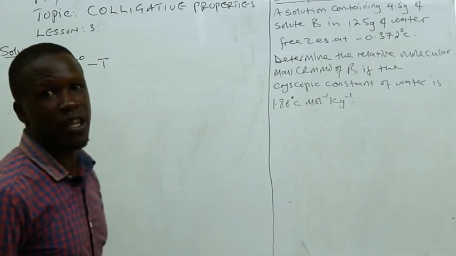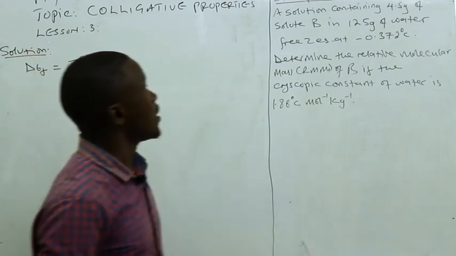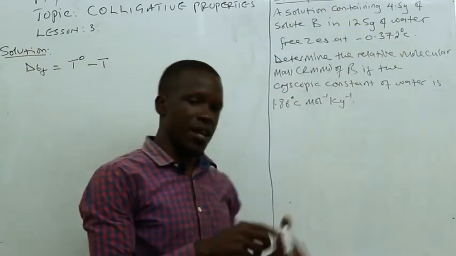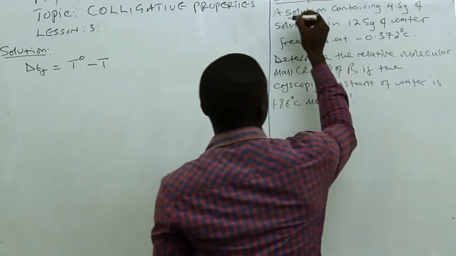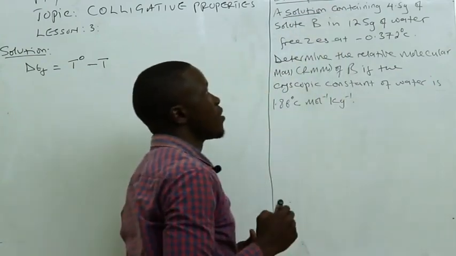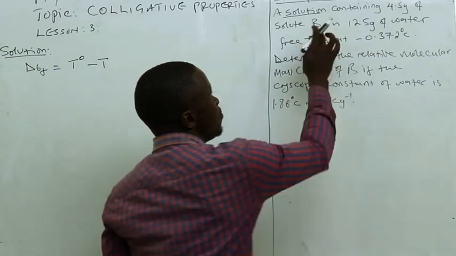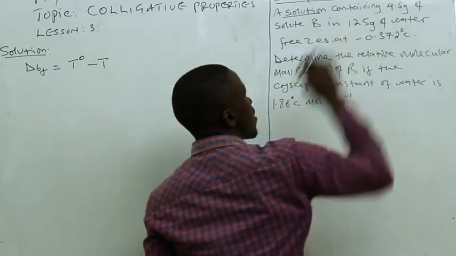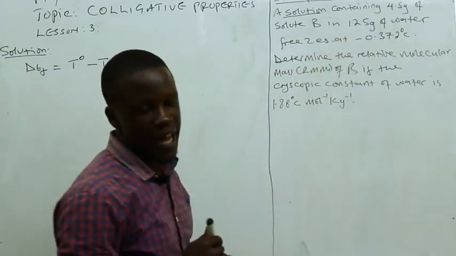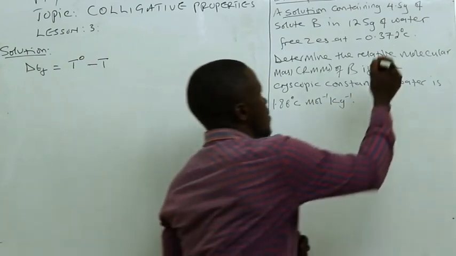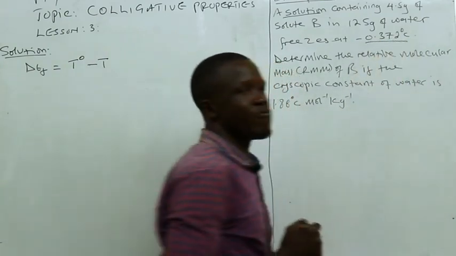So let's see what the question is giving. They are saying a solution containing 4.5 grams of solute B in 125 grams of water freezes at this temperature. So what is this temperature?